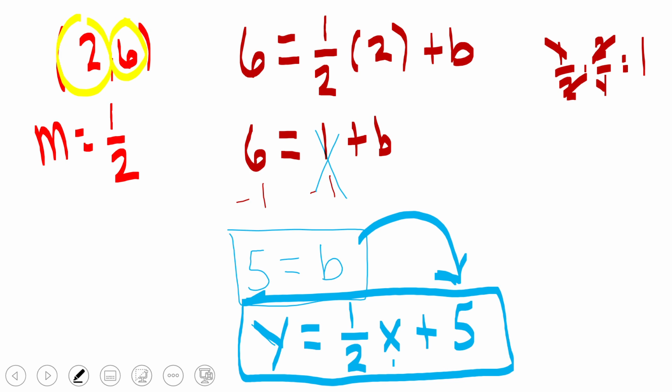Pretty cool. Then we can plug in any plotted point, x and y, from this form and graph. Also, we can use our intercept of y at 0, 5, and we can rise 1, run 2, and plot our points from that information as well.